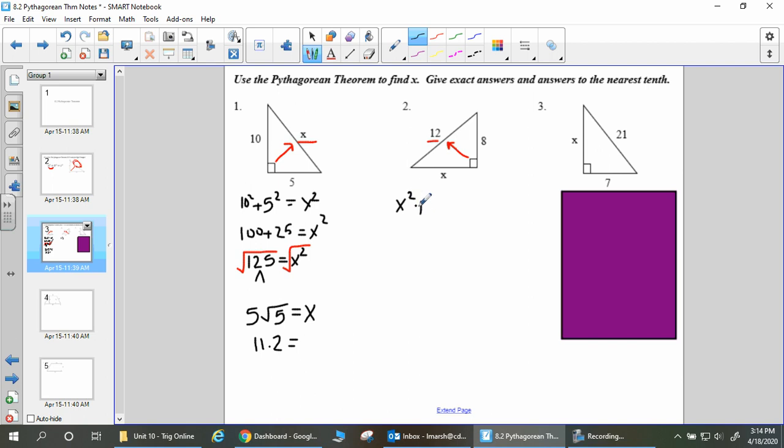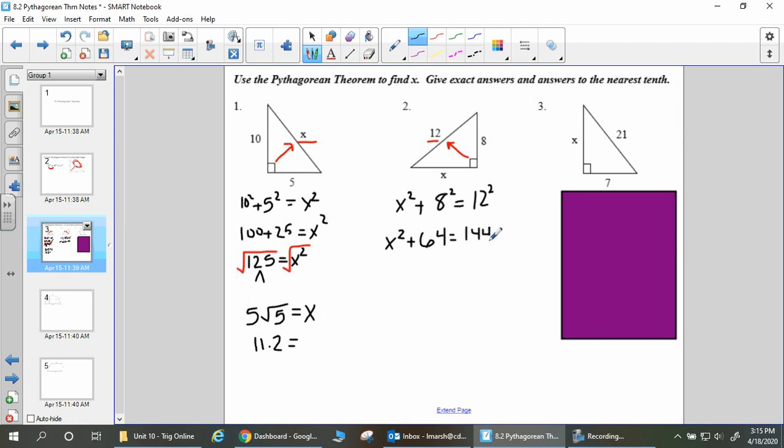So I'm going to say x squared plus 8 squared. You might have 8 squared plus x squared. Again, it's good either way, as long as we are equal to 12 squared. So we need to go through here. Perfect squares, 8 squared is 64. 12 squared is 144.